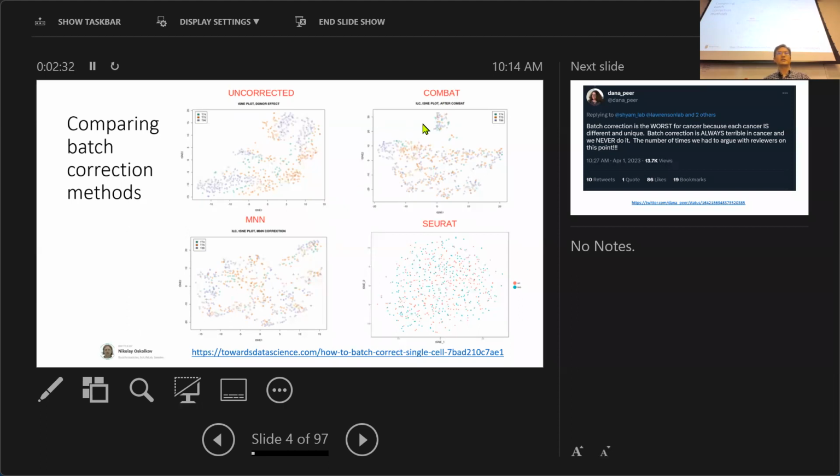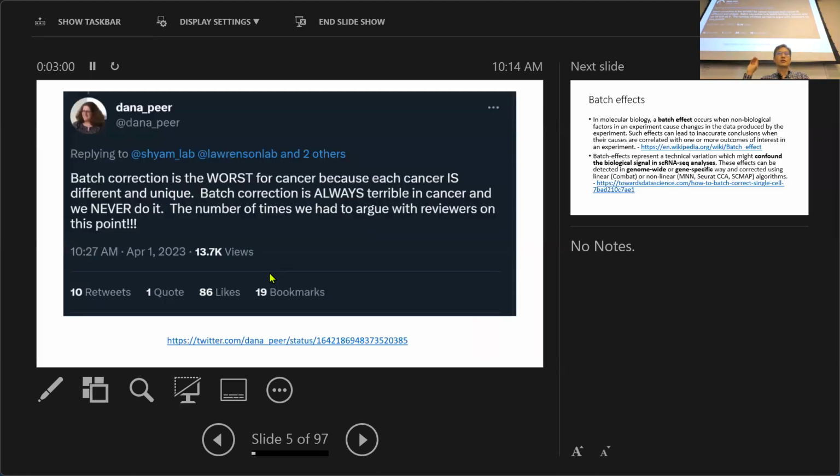So ComBat is for traditional bulk RNA-seq samples, and these two, based on the mutual nearest neighbor, and the CCA, a method introduced in the Seurat package, also try to achieve the same goal. So we will mention these methods. But that's just the citation I quote. Just be careful, okay? I never use it.